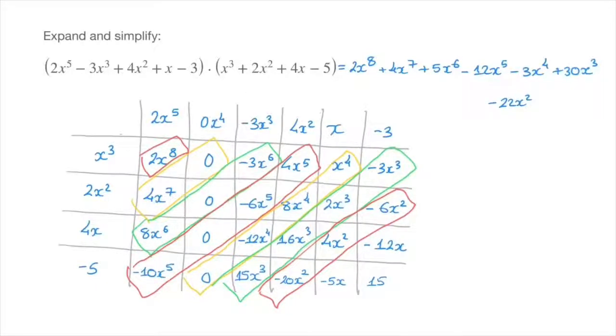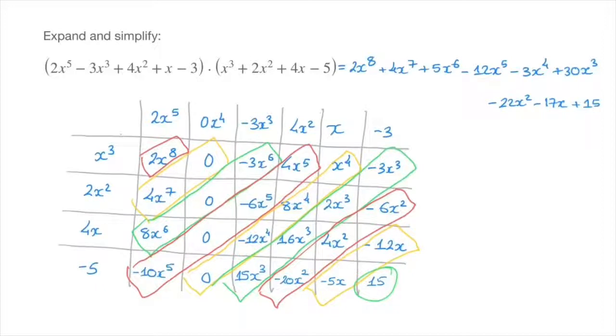Carrying on this way, we focus on the x terms, which I'm boxing in yellow right now. We have negative 5x plus negative 12x, so that's minus 17x. And finally, we have our constant term at the end here, which is 15. So we add plus 15 at the end. And we're done.